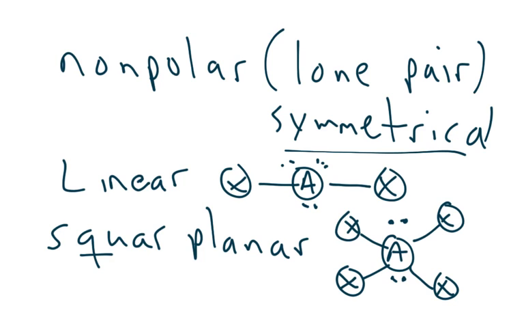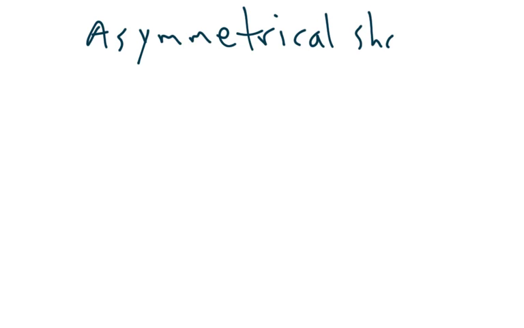Okay? Now, the shapes that are asymmetrical and will always be polar are the following. These are all going to be considered asymmetrical shapes. Therefore, they're going to be all polar. And we have bent.